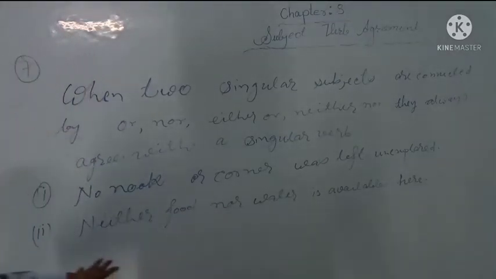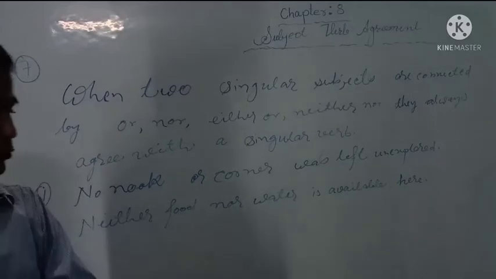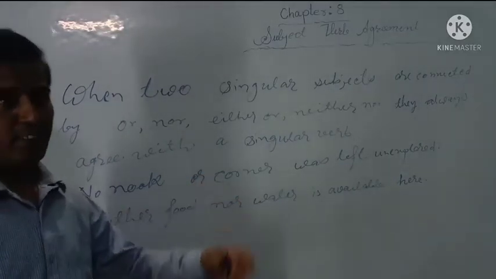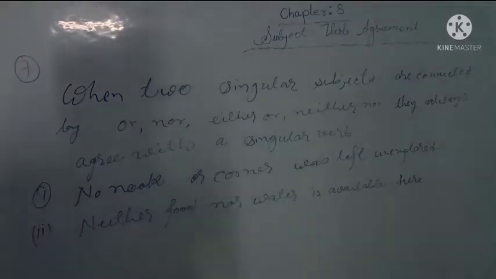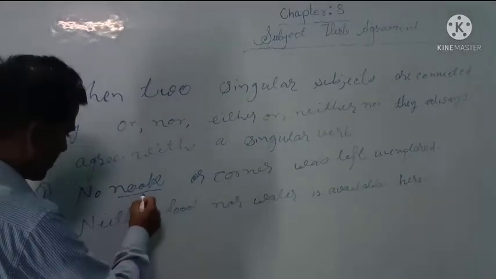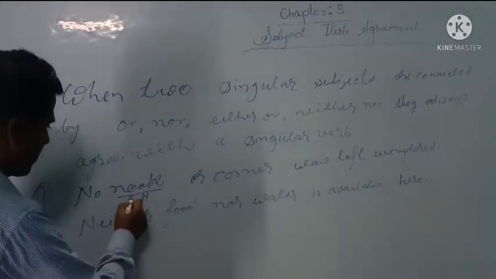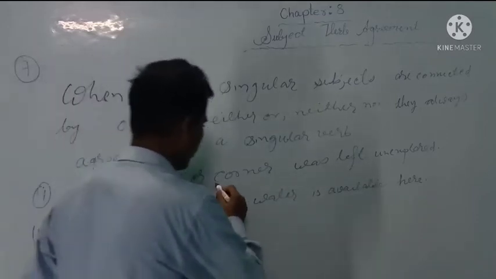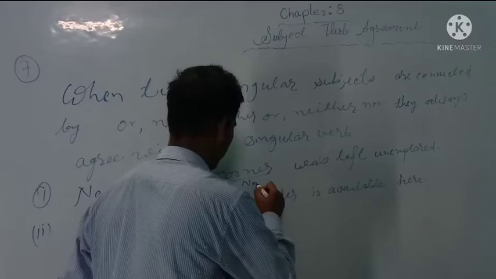And the second sentence: neither food nor water is available here. In the first sentence, nook is a singular noun, or you can say subject here, and corner is another noun.